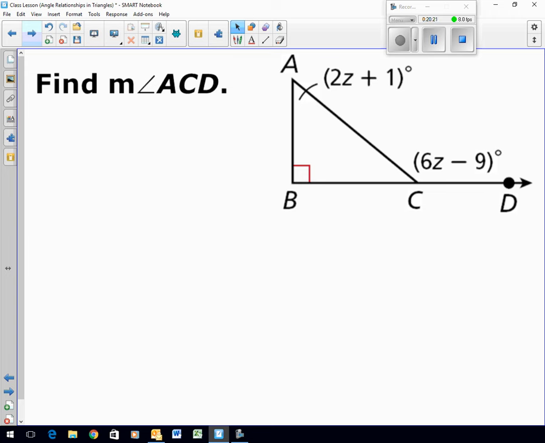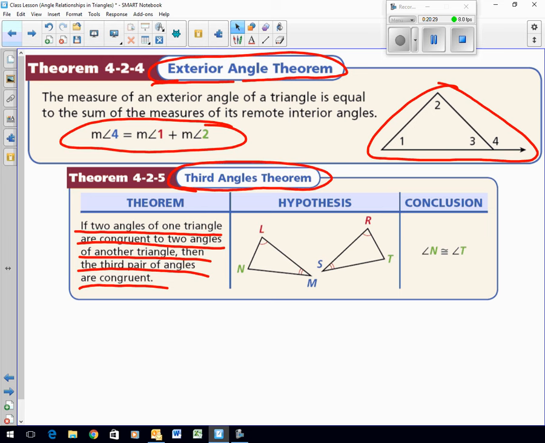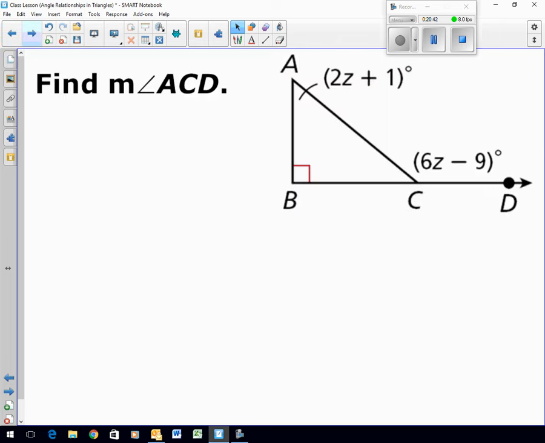Please watch me put into practice the remote interior angle theorem, the thing that you guys just wrote down. Look what this says. Angle 4 is equal to the sum of angle 2 and angle 1.